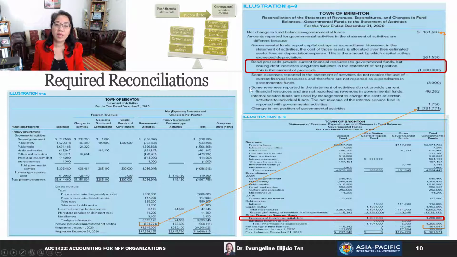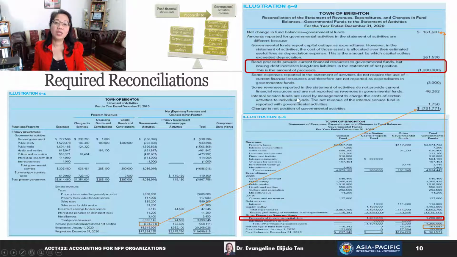And then we have these two other items of information. Some revenues reported in the statement of activities do not provide current financial resources and are not reported as revenues in governmental funds. So because this is revenue reported in government-wide but not in governmental funds, we'll need to add it to the governmental funds net change in fund balances.